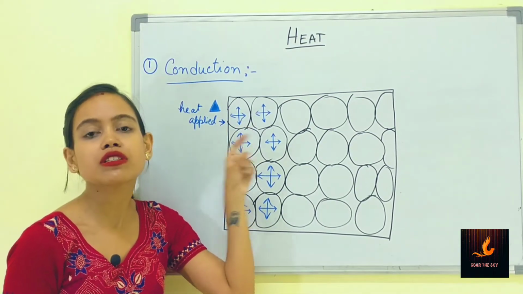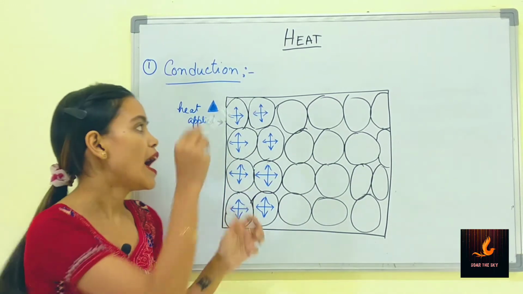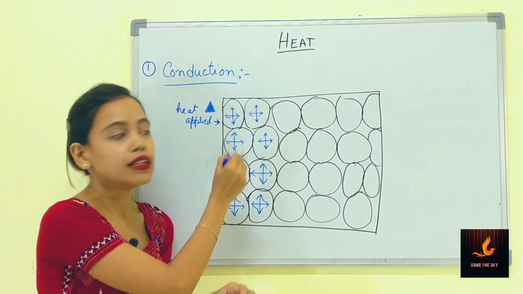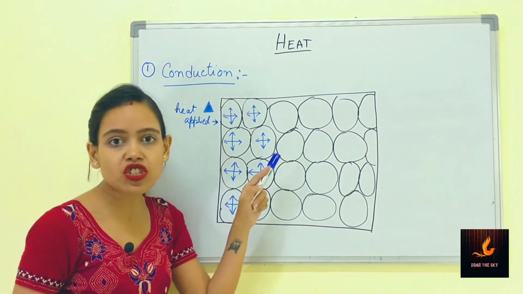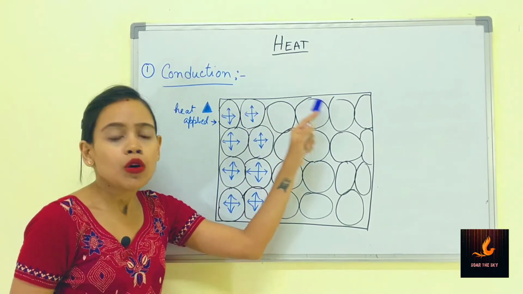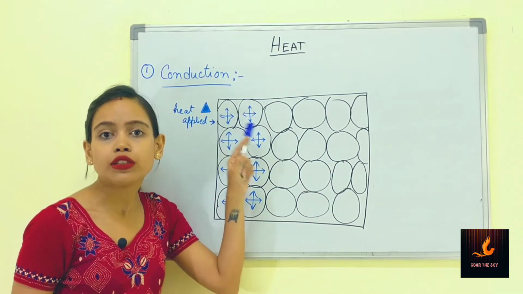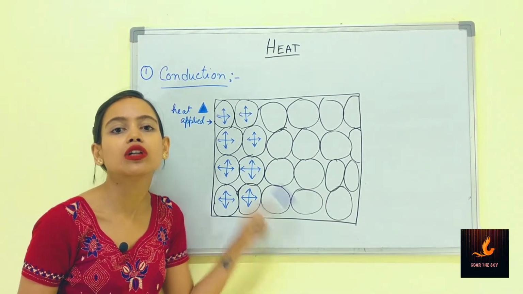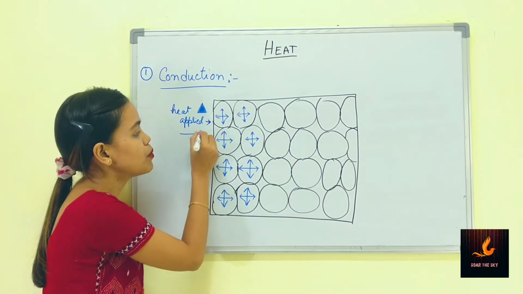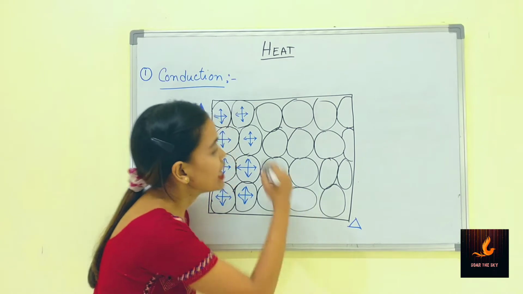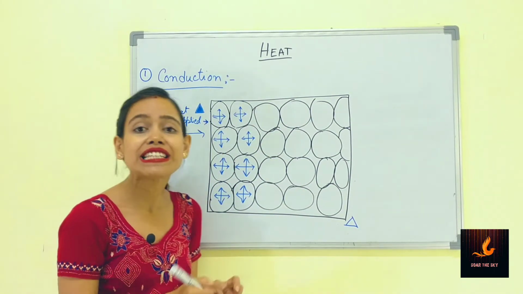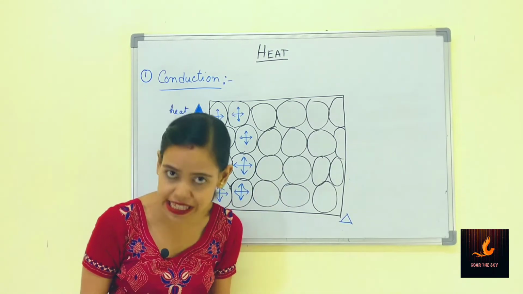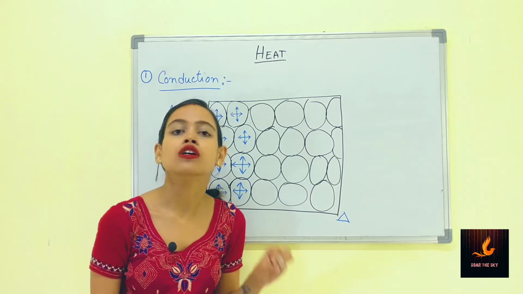This vibration will cause a little bit of collision, and that vibration will pass on to the next particle and the next particle, and this is how this collision and vibration will cross throughout the entire medium of the solid. Each and every particle will start vibrating and colliding with each other, and the heat starting from here will come to here, heating up the entire solid. This is how conduction occurs without any movement of the particles, and hence it is the best in solids.